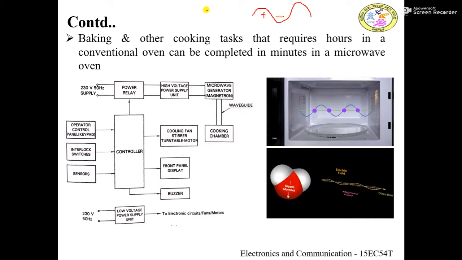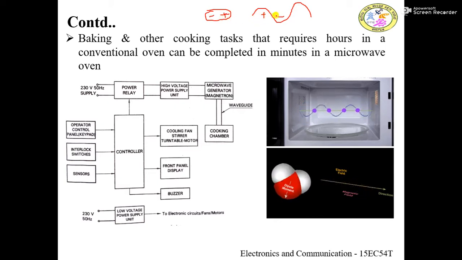Whenever a dipole is subjected to such a wave, such a phase reversal, then when the positive half cycle appears here, the negative end of the dipole gets attracted here.